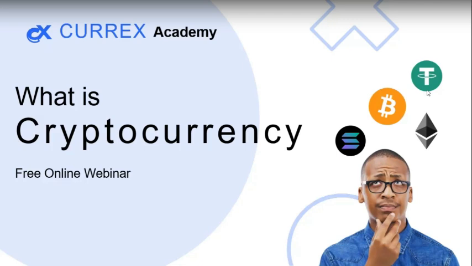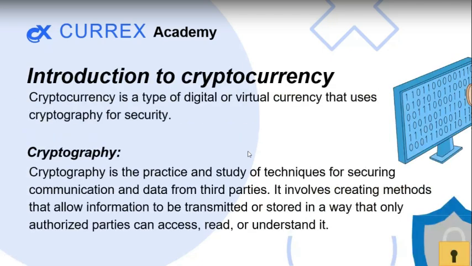we'll just kickstart. So the question, as you can see on my screen, is: what is cryptocurrency? From the introduction, we can define cryptocurrency as a type of digital or virtual currency that uses cryptography for security. What does this mean? Let's divide the word into two, crypto and currency.